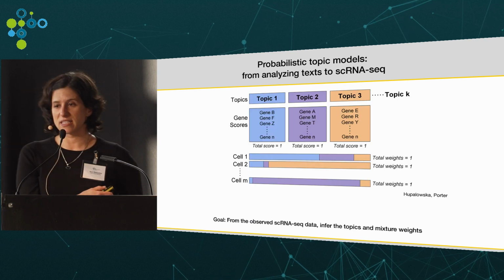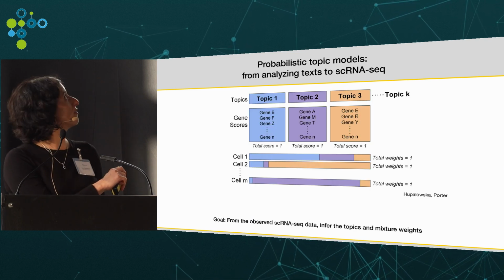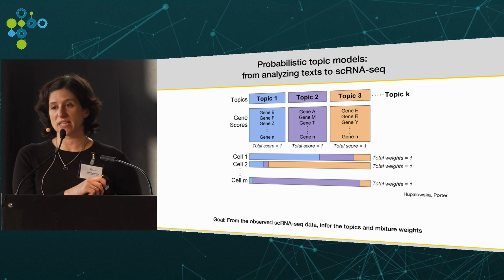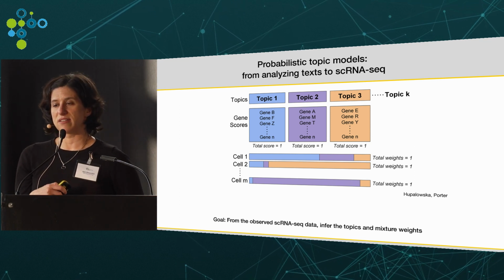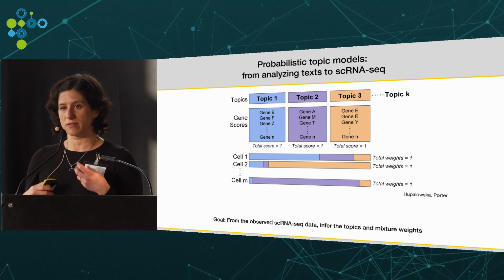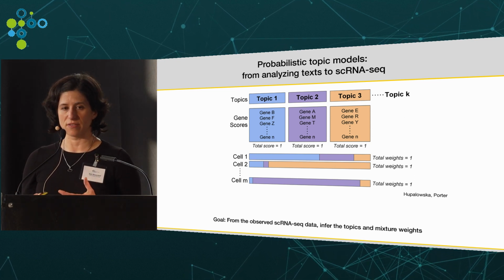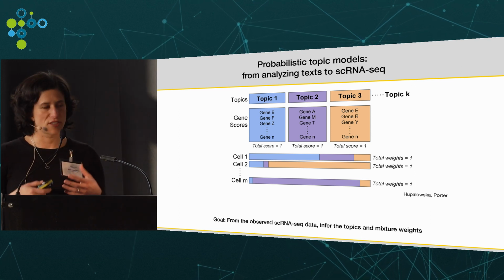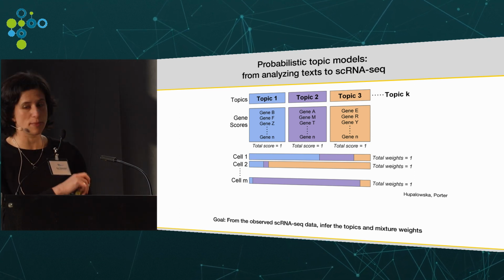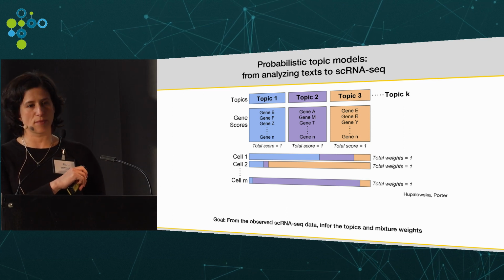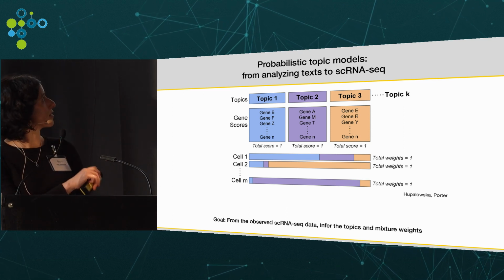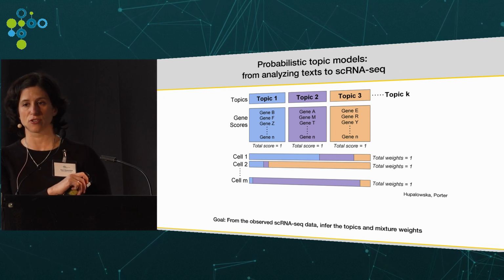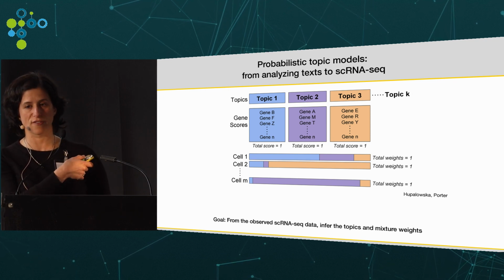So what does this look like in single cell? You imagine each topic is a distribution over genes, and the number of transcripts that appear, the count, is related to the weight of the gene in the topic, or the proportion of the gene in the topic. Then you can describe each cell as a set of proportions describing how much each topic contributes to the transcriptional profile of that cell.